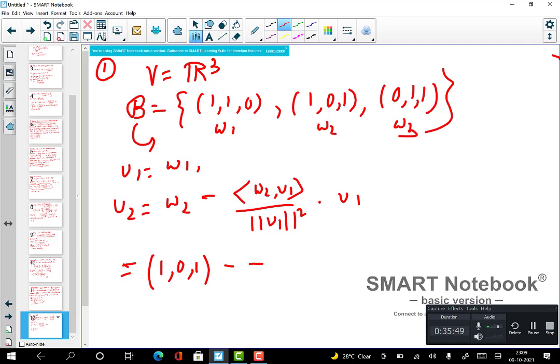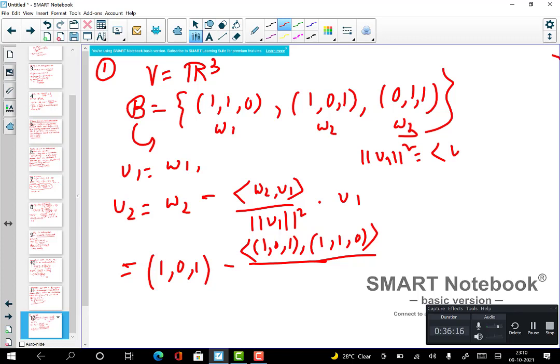Now what is the inner product of W2 with V1, where V1 is (1, 1, 0)? It is divided by the norm of V1 squared. So what is the norm of V1 squared? It is nothing but the inner product of V1 with V1, which is the inner product of W1 and W1.